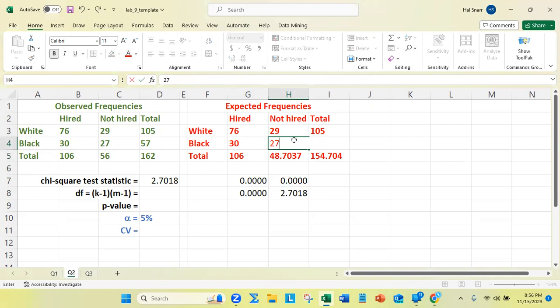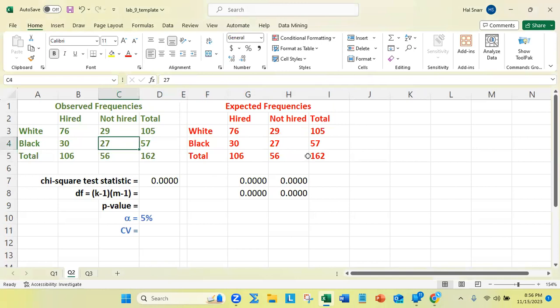Suppose we expected 27 here and we observed 27, right? So if these expected frequencies are identical to these observed frequencies, we have no differences between the observed and the expected, and our chi-square statistic would be 0 because our collective differences are 0. And we would conclude that white, black is independent of hired, not hired. So race would be independent of whether you're hired or not, right?